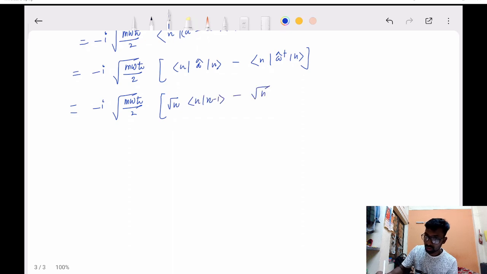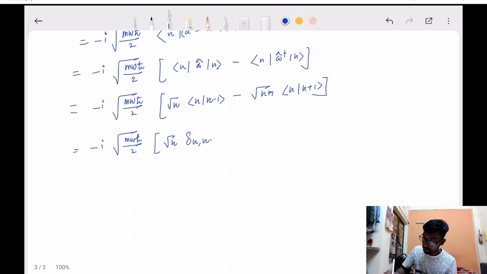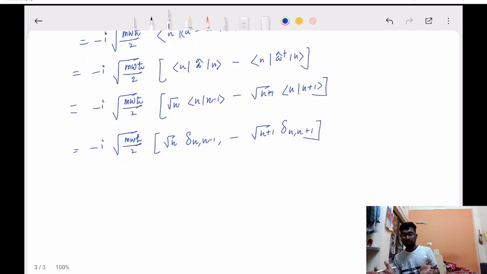This is equal to i root m omega h cut upon 2 times (<n|a cap|n> minus <n|a cap dagger|n>). So this is equal to root n <n|n-1> minus root n plus 1 <n|n+1>. So finally you get i root m omega h cut upon 2 times (root n Kronecker delta n,n-1 minus root n plus 1 Kronecker delta n,n+1). If these states are different, then you obviously get 0.